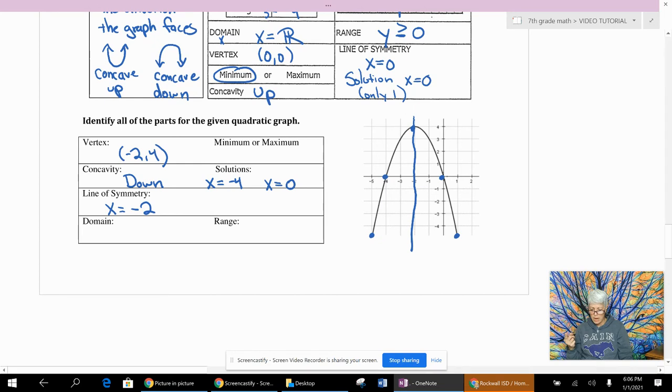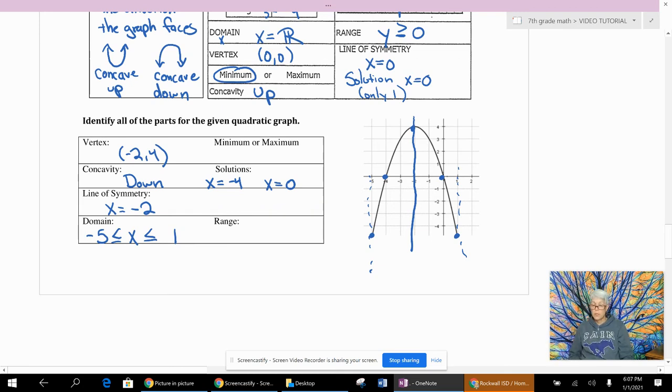So this domain is not going to be all real numbers because it's not going to go on and on and on forever. So the domain, which is our x's, if you look, it starts here at the -5. It ends here at the +1. So my x is from -5 to +1. And it's a dot, so it includes them. So that's how you write it.